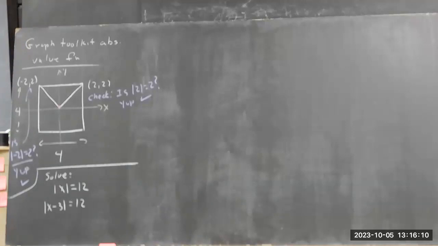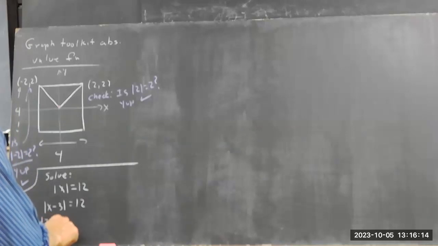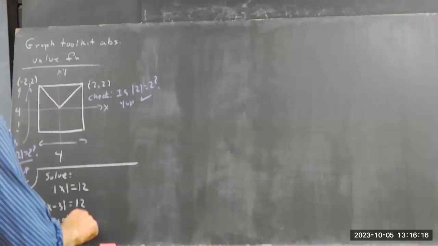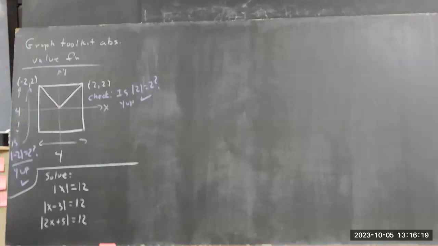And then the absolute value of 2x plus 5 equals 12. To solve the first one, you just got to give me every value of x whose absolute value is 12.